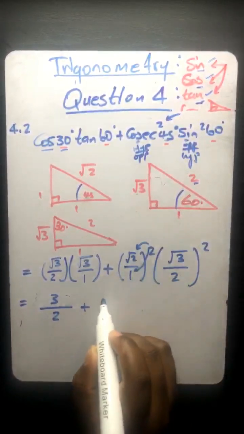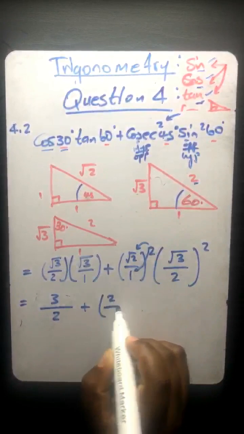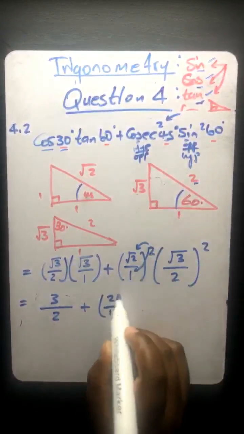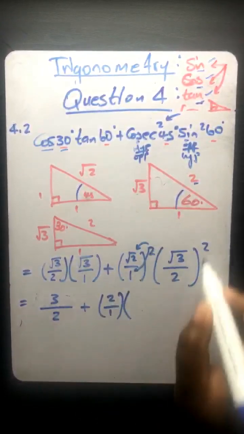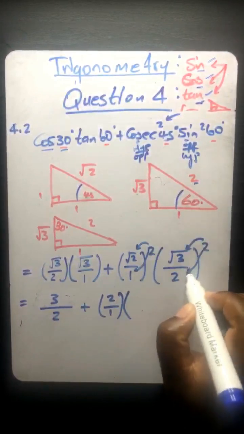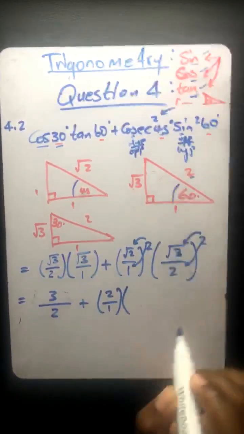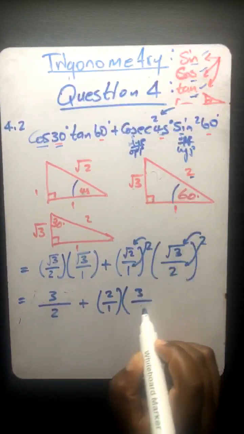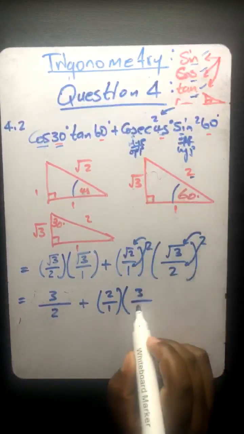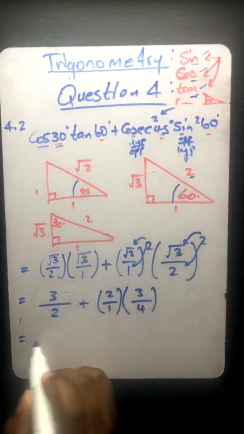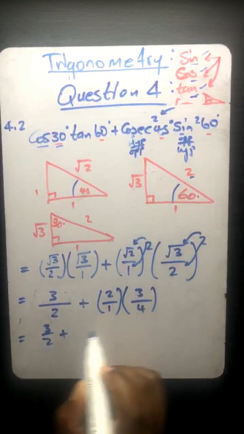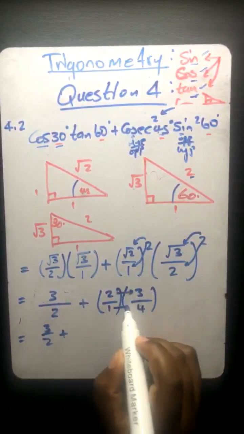So it's more like you are having 2 over what is 1 squared. It is just 1. And then you do the same there. That squaring that, and that squaring that. You know this 2 removes that. So that's why you're going to have 3 over what is 2 squared. That is 4. So you still have 3 over 2 plus you just want to multiply those.